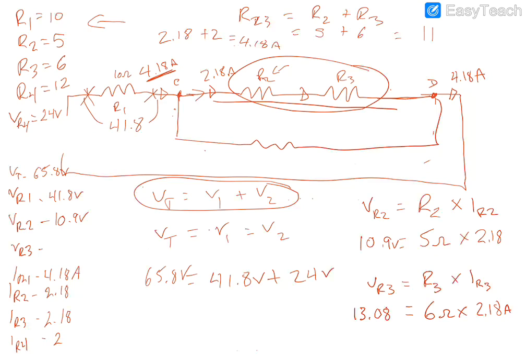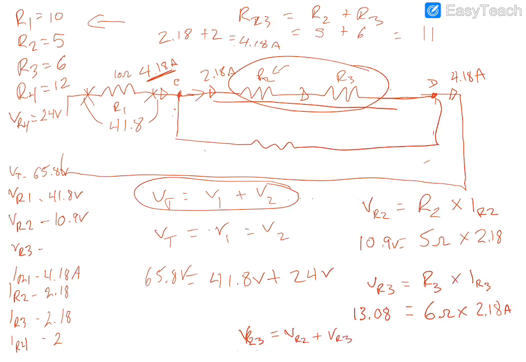13.08. To double check, you can acknowledge that your voltage of 2,3, remember that combined resistor, is equal to the voltage of R2 plus the voltage of R3.